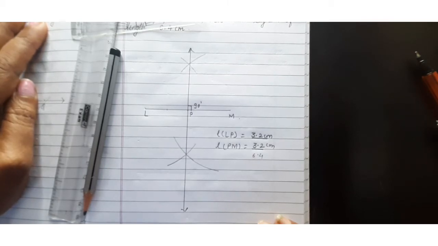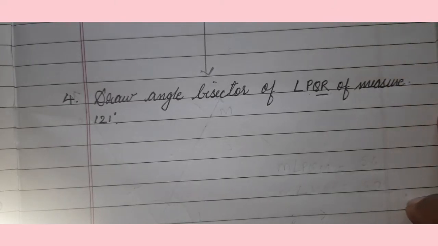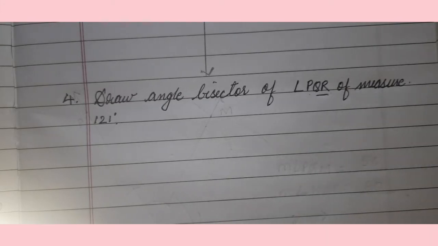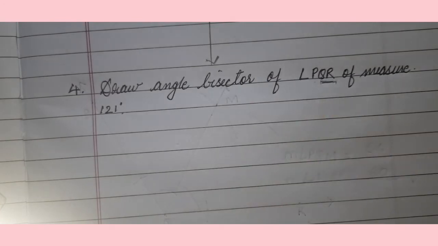Okay. Now we move on to the next construction, that is angle bisector. Next construction: draw the angle bisector of angle PQR of measure 121 degrees. For that we first have to take the ray in which QR will be the base. Okay.